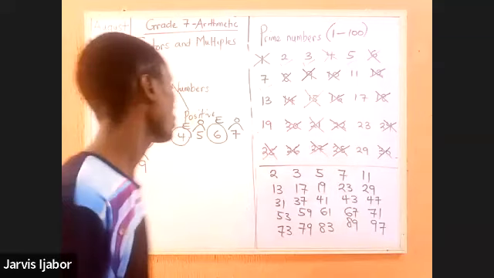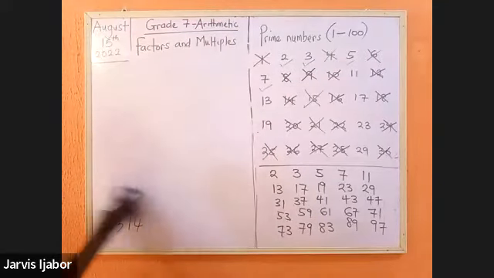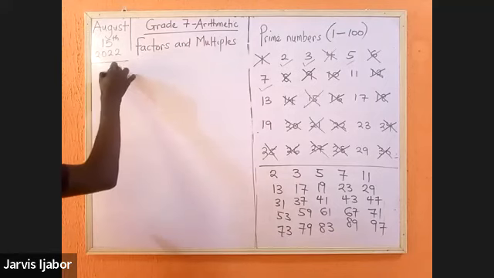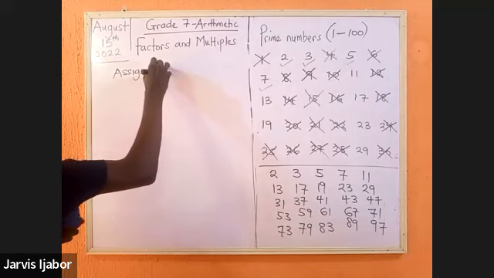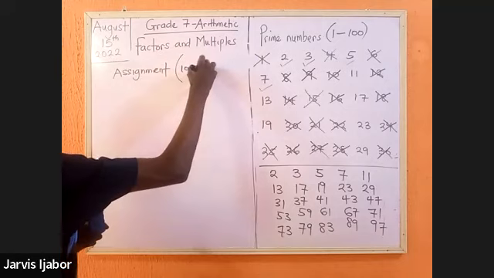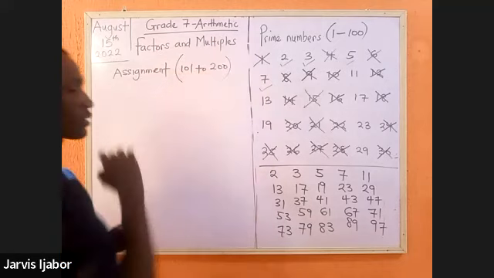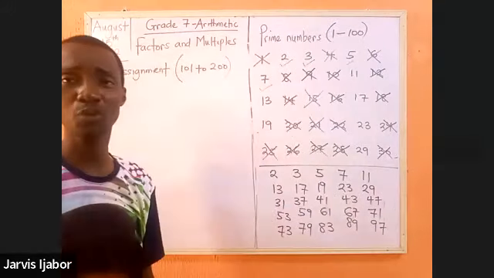So from 1 to 100, we have 25 of them. So your assignment will be to try from 101 to 200. Between 101 to 200, try to write out the prime numbers.